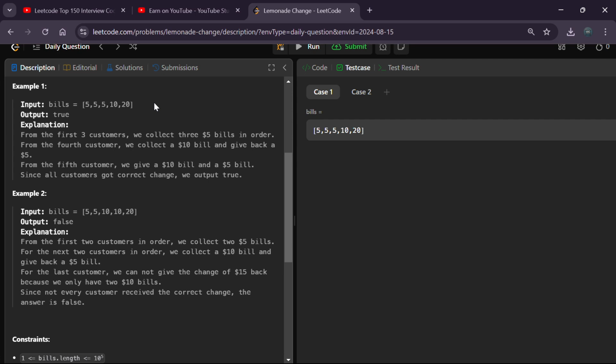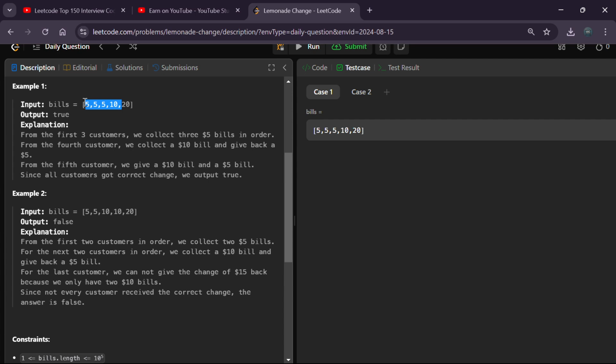So initially, up to now, we have three $5 bills. It means we can give him a $5 bill, right? So after giving a $5 bill from the three for the fourth customer, how many $5 bills will be left? Two, right?